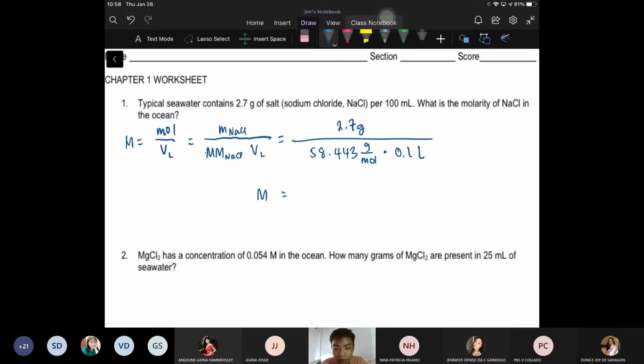Pero sa ngayon, no, since ang daming numbers, di mo alam kung anong sig fig susundin nyo, gawin na lang natin for now sa laboratory part, no. So let's use decimal places, no. So sa ngayon, mag-ano tayo, 3 decimal places. So the final answer is 0.462 mole per liter NaCl solution, and that's our answer.